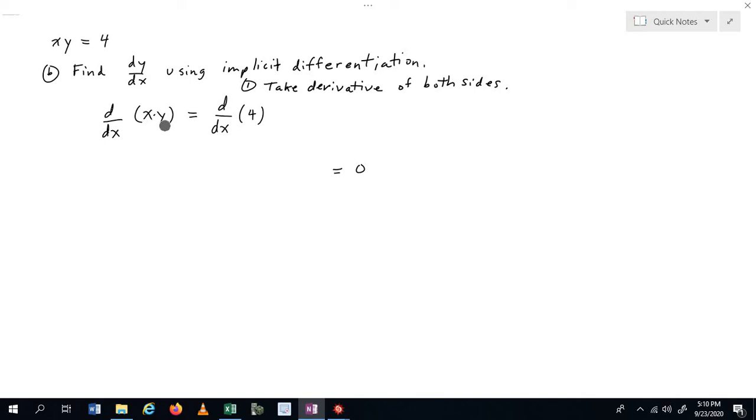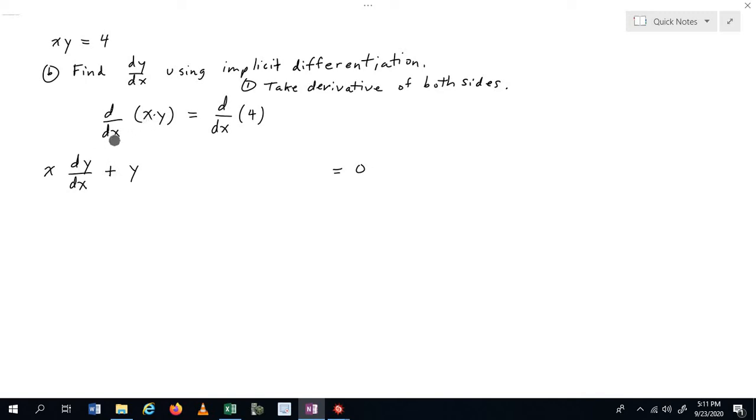Okay, so let's find that derivative using the product rule. Okay, so we take the first, which is x, times the derivative of the second function, which is y, with respect to x. And that's just going to give us dy dx, right? The second function is y, and we're taking the derivative of that with respect to x. Plus the second function, which is y, times the derivative of the first function, which is x, but with respect to x.